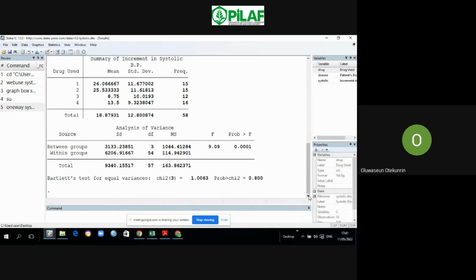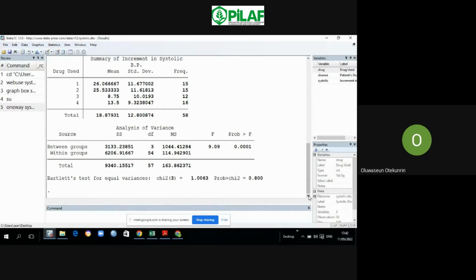H0 says all those categories, in this case, drug 1 is equal to drug 2, is equal to drug 3, and is equal to drug 4. What does that mean? It means they have the same influence, the same effect, the same impact on systolic blood pressure.